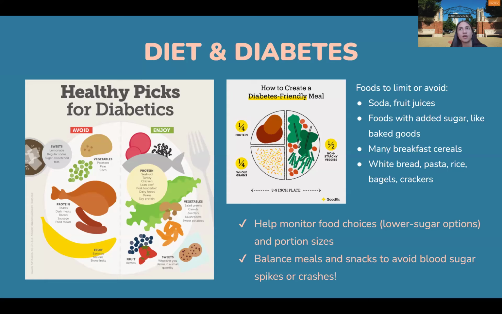Baked goods have a lot of added sugars, and the same goes for cereals with artificial sugars. For carbs, anything like white bread, pasta, rice, and bagels can lead to some of those symptoms as well.